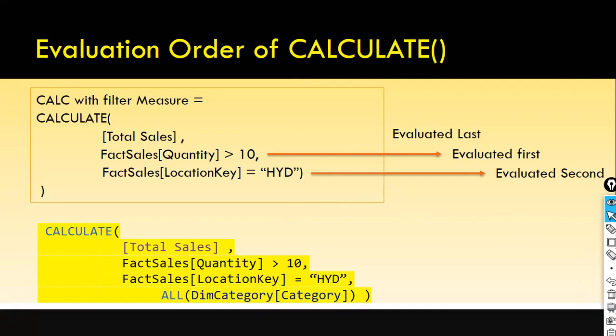Why? See, in this case, irrespective of the filters that you use, you start from inside out, right? First, it applies this filter, and then it applies this filter, and finally, it does the total sales.